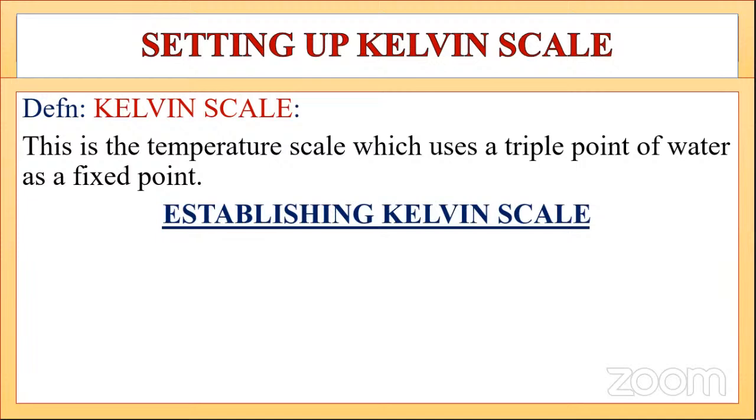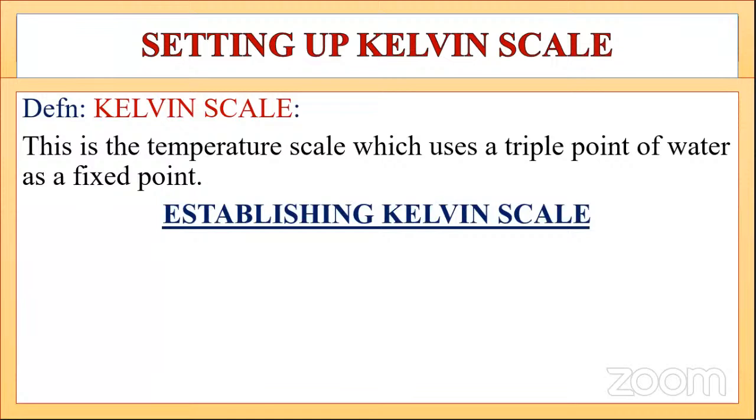So Celsius scale uses ice point and steam point as the fixed points. But here, there's only one fixed point. Remember, we said a fixed point is the temperature at which physical changes take place. So we saw triple point.